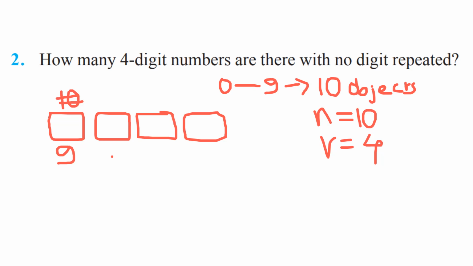Once an object is assigned here, we have the remaining 9 objects, because here we can have 0, so we have 9 options here, and then here you will get 8, and here we get 7. If you multiply 9, 9, 8 and 7, you get 4,536.